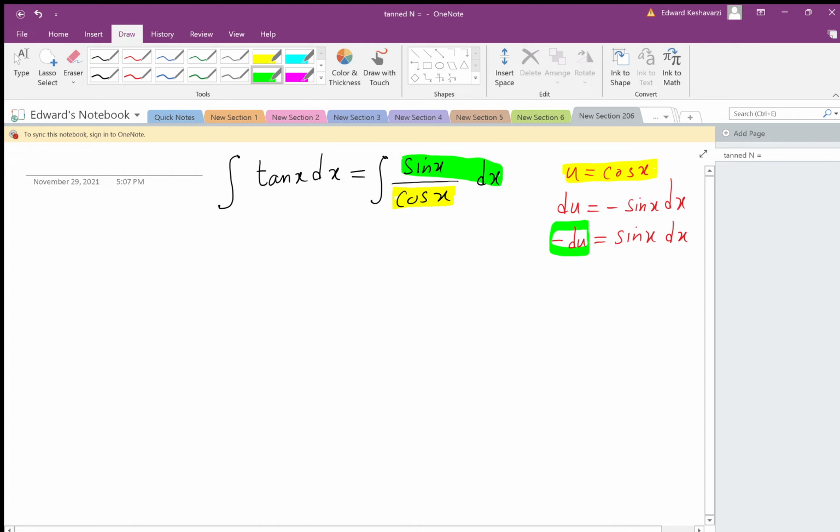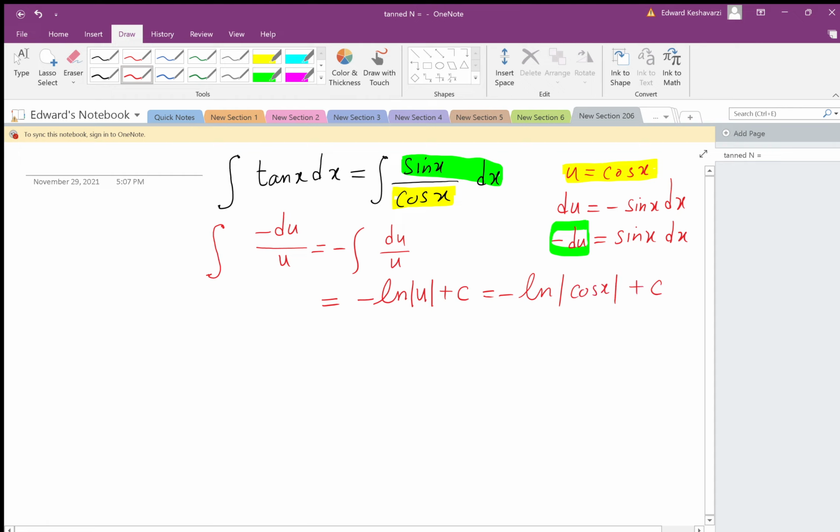As you see here, the correspondence between the yellow ones, and these two together, sine x dx together, equals negative du. Then I'm going to rewrite my integral, and in the new integral there should be no x at all. So sine x dx on top can be replaced with negative du, and the denominator is u, so negative du over u. And you know according to the table of integrals that the integral of 1 over u is ln absolute value of u plus c, which is negative ln absolute value of cos x plus c.